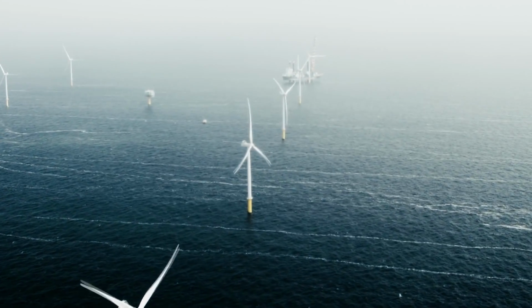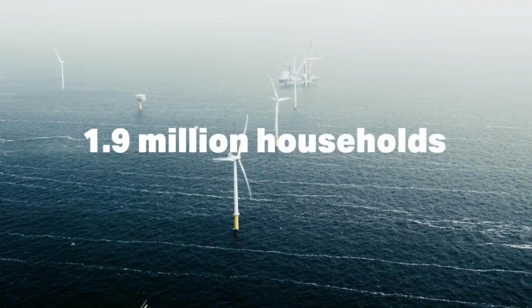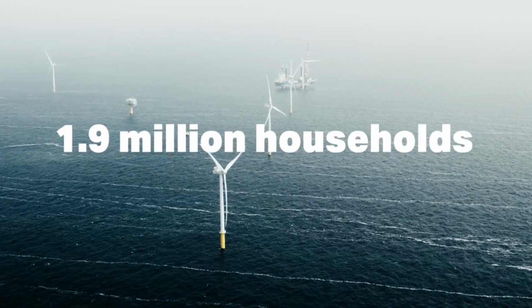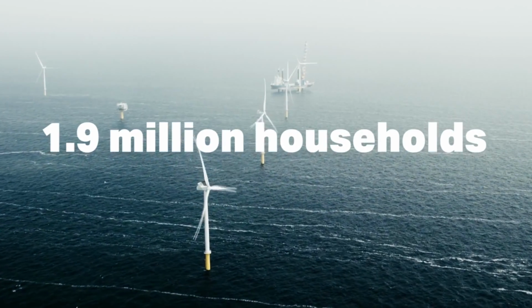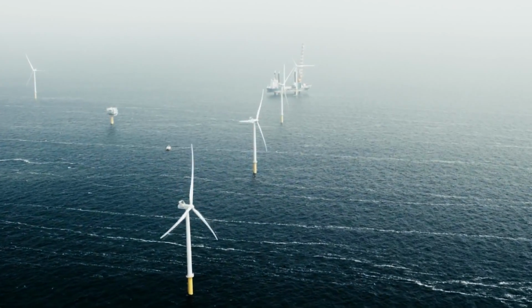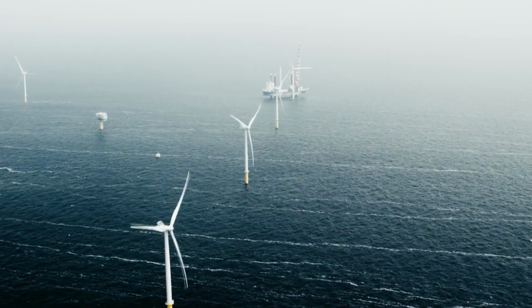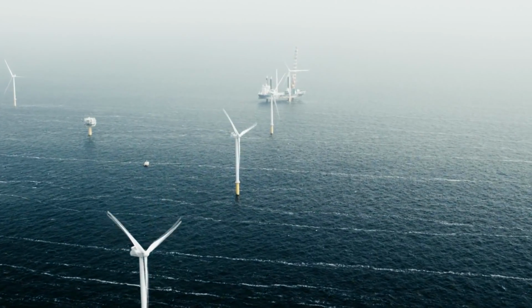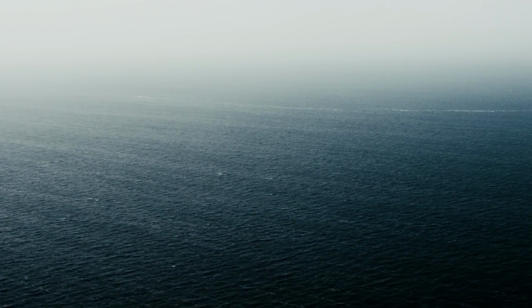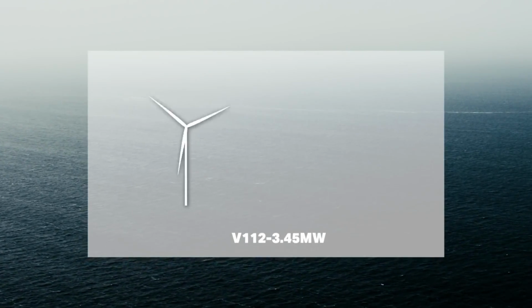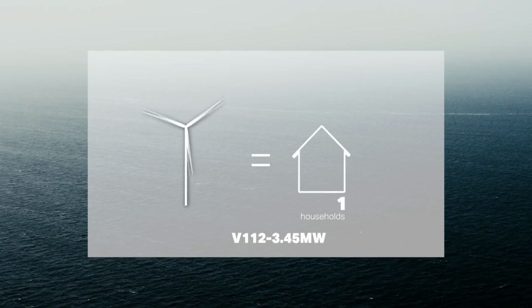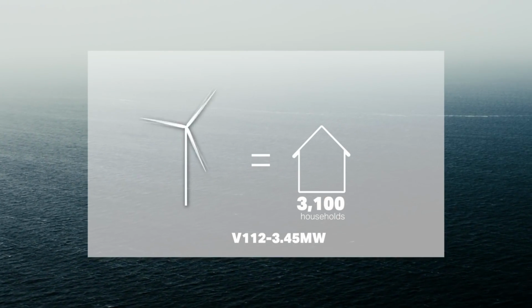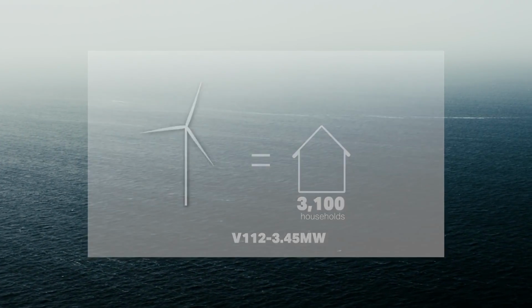That's enough wind power to provide energy for around 1.9 million households. For every turbine installed and commissioned, it has added to the unique bank of knowledge we now possess. Perfected over time, and our drive for innovation has led us to become one of the industry leaders with the V112 3.45 megawatt, supplying energy to over 3,100 households.